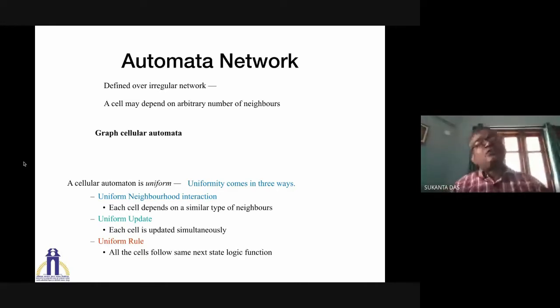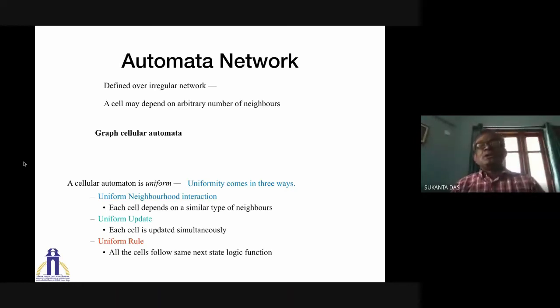The structure is uniform; we call it a regular network. Automata network honors that differently: it is defined over an irregular network, and by doing so, a cell may depend on an arbitrary number of neighbors.